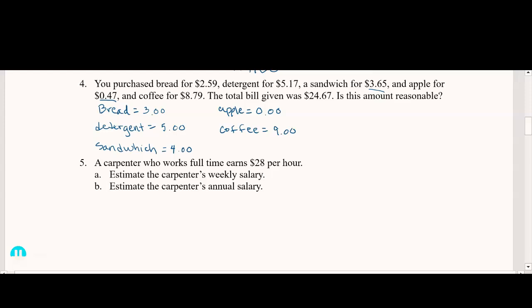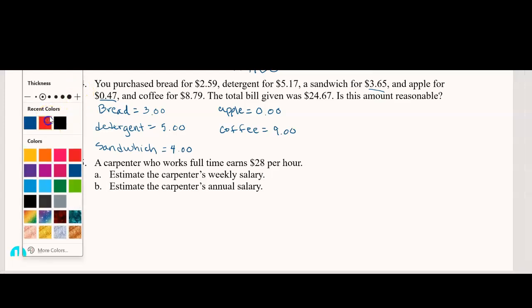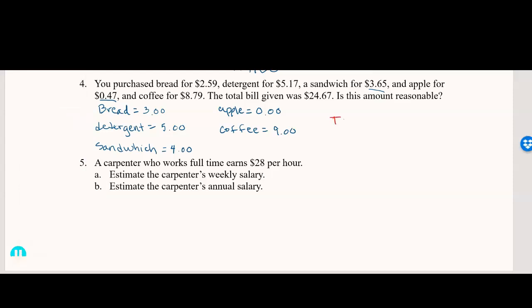Now what you want to do is add all of these up. In other words, what is your total? Now this you can do, right? You wouldn't technically need a calculator because you've rounded this to the nearest dollar. So when we add all these up, we get $21. Now let's go back to the bill. The bill was $24.67.